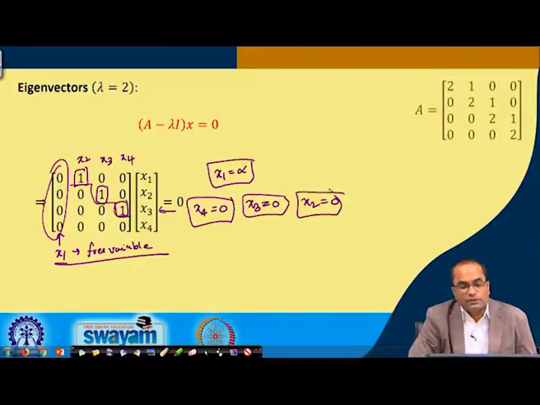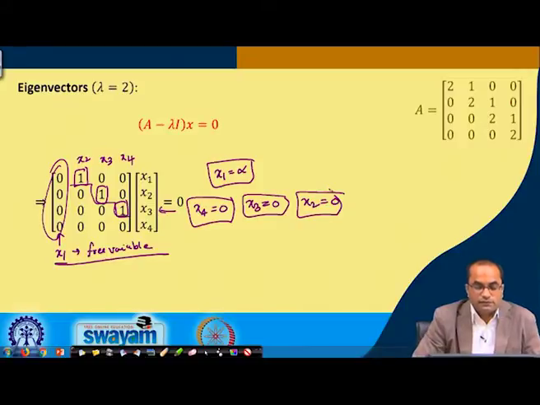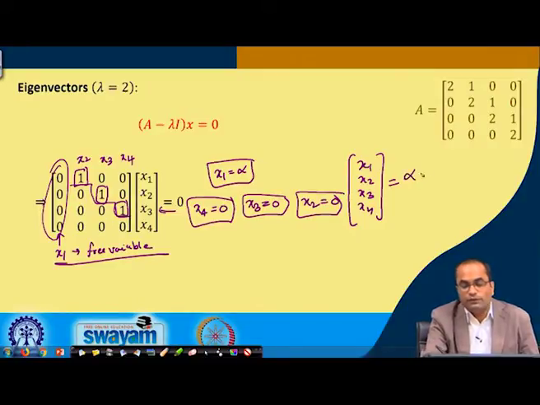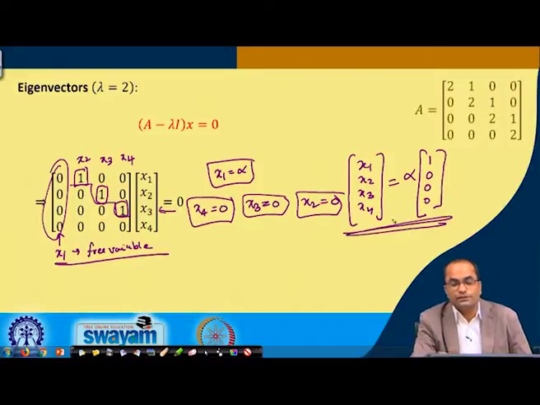So, that is the solution here. x 1 we can choose as any value alpha, and now if we write down the solution x 1, x 2, x 3 and x 4, in terms of alpha, only the first component has alpha, all others are 0. This is the solution of this system of equations.